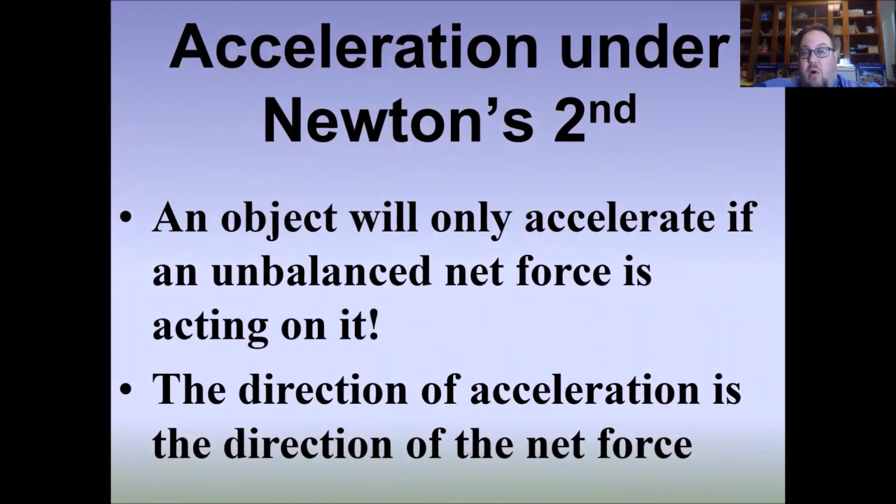So an object is only going to accelerate if there's an unbalanced net force acting on it. I have to repeat this. We have to think of acceleration as the result of unbalanced forces, okay? And the direction of the acceleration is the direction of the net force. So imagine an object in free fall.